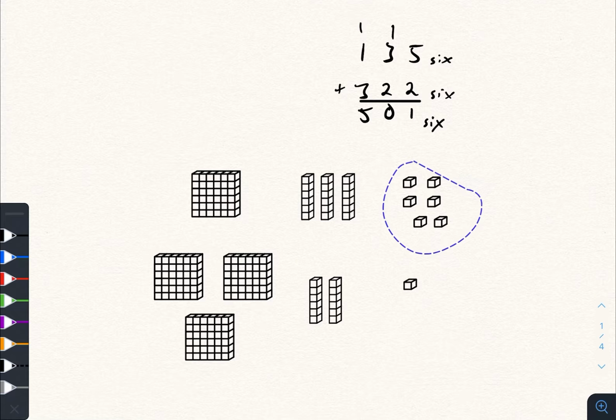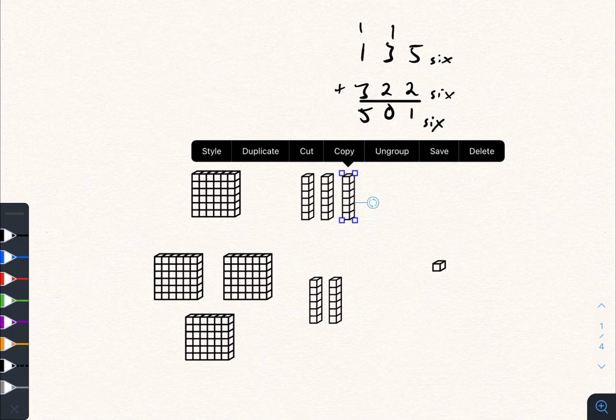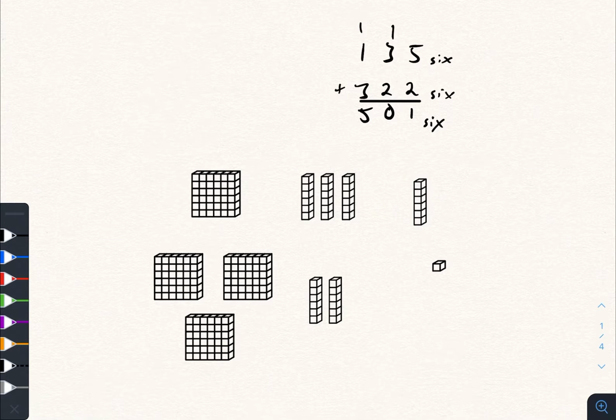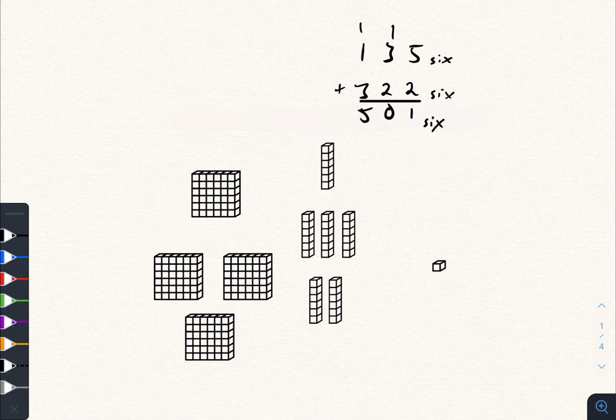So that's why I'm adding 1 first, and then I add 1 more right here, and then I carry that 1. So I'm doing an exchange right here. Wasn't supposed to rotate that, but whatever. So I just did that exchange, and then I carry that 1 over.